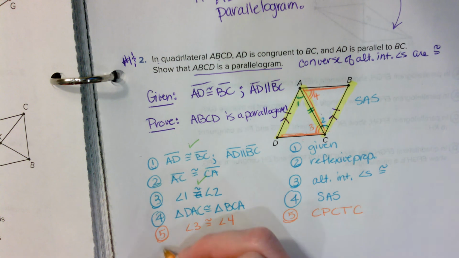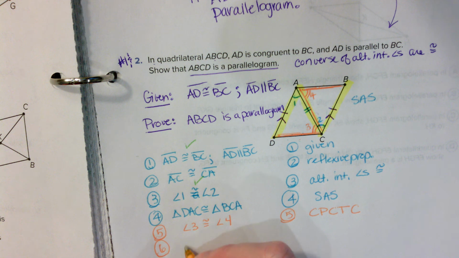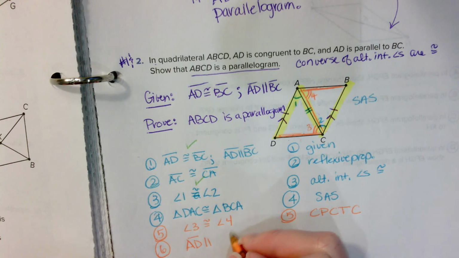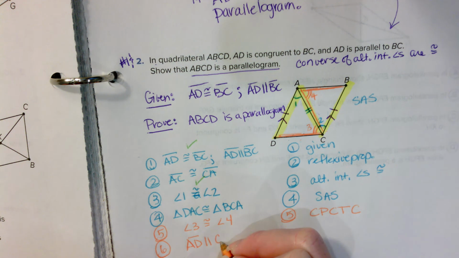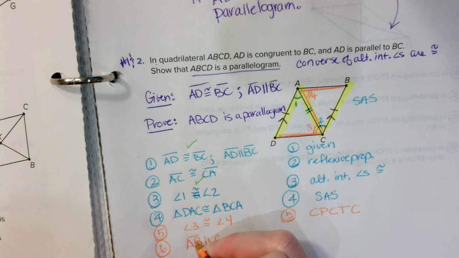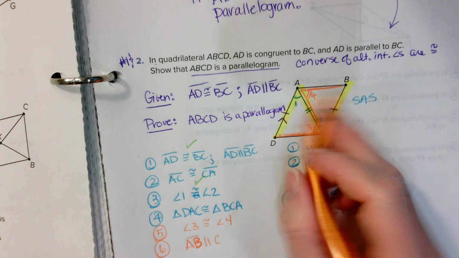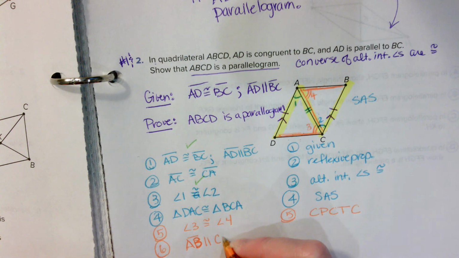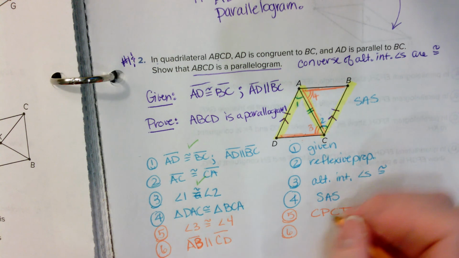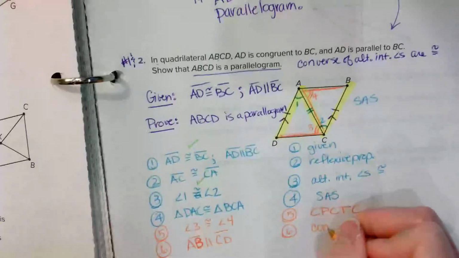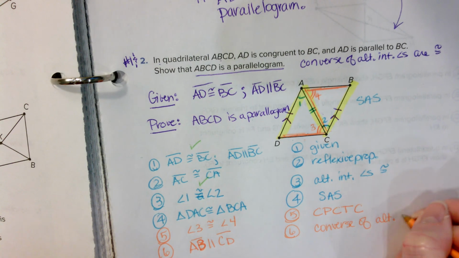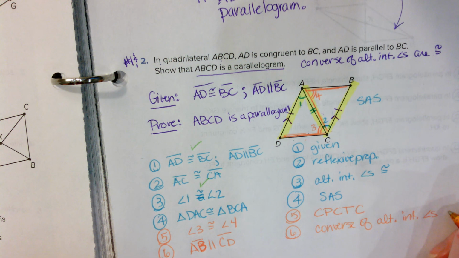So I know that AD has to be parallel to, what would that be? Oh, I'm sorry, I said that wrong. It's AB, my top. Sorry about that. So AB, and then I would have to say CD, getting them the corresponding parts. Those two are parallel because of the converse of alternate interior angles are congruent.